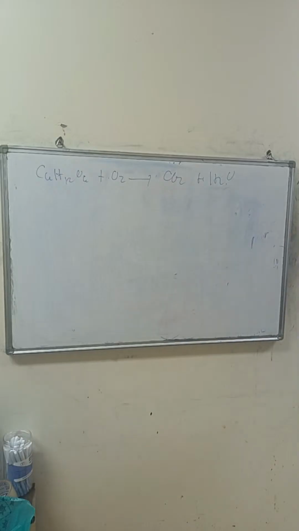So this is the complete answer why we need to balance the chemical equation. We need to balance the chemical equation so that we can establish the state of dynamic equilibrium. That would mean the number of atoms in the reactant will be equal to the number of atoms in the product, so that we can obtain the activation energy in order for our chemical reaction to start or begin.